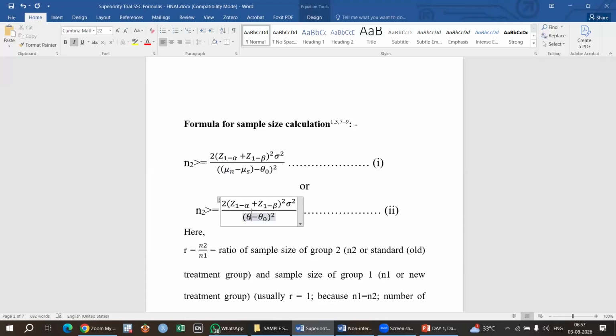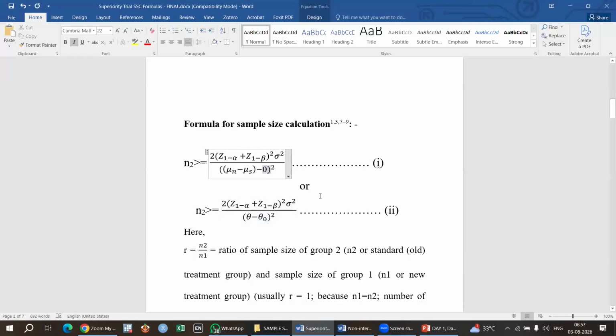Suppose we take the superiority margin as 0, it is called a zero superiority trial. So what will happen? We have to write 0 here, so we can remove this theta 0. There is no problem.